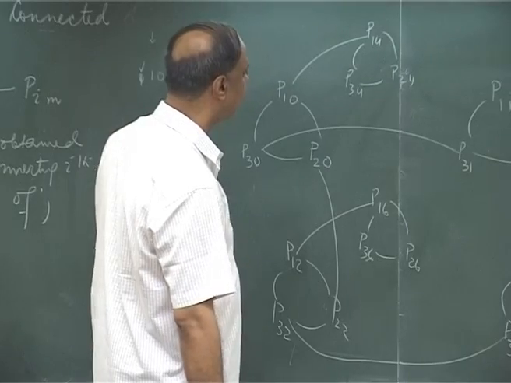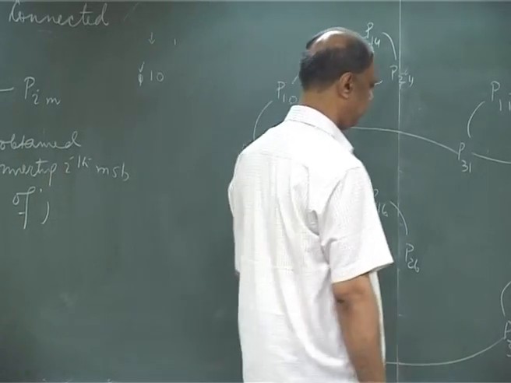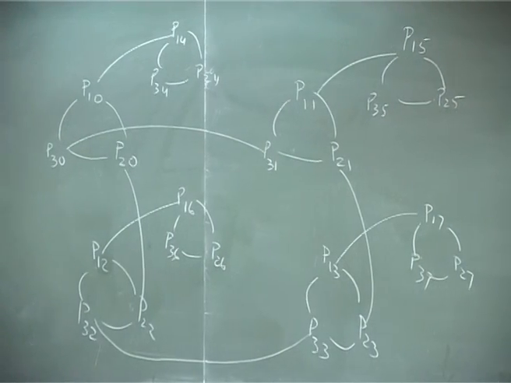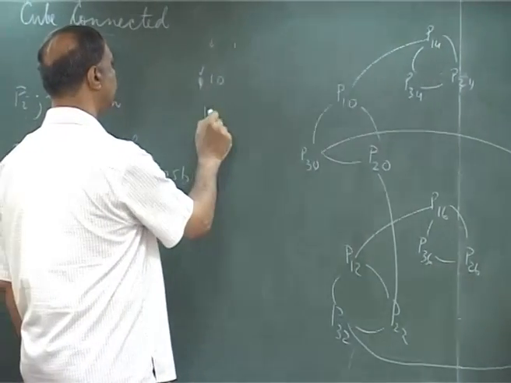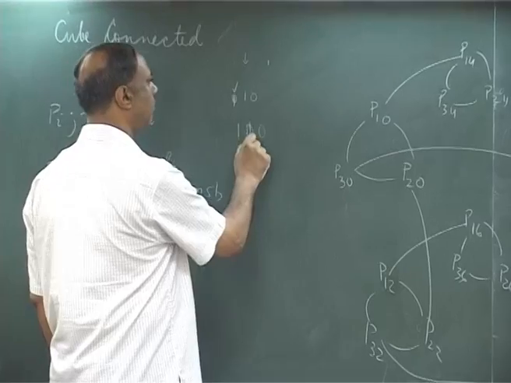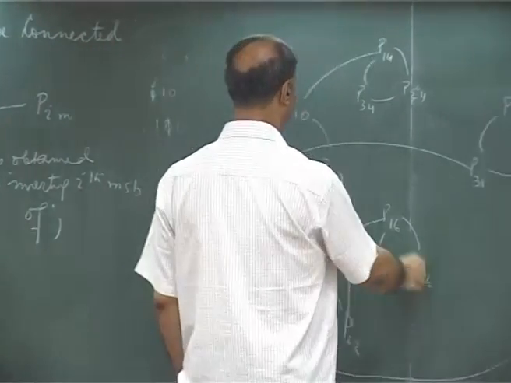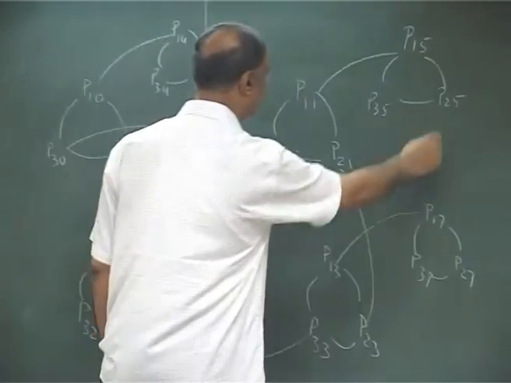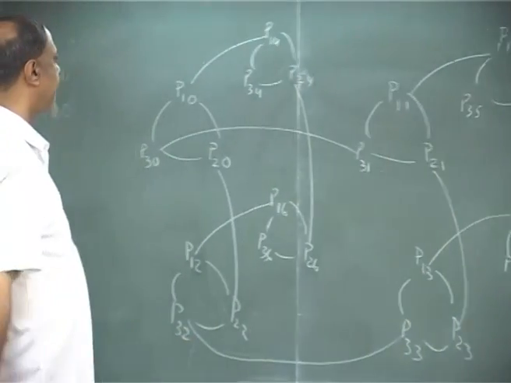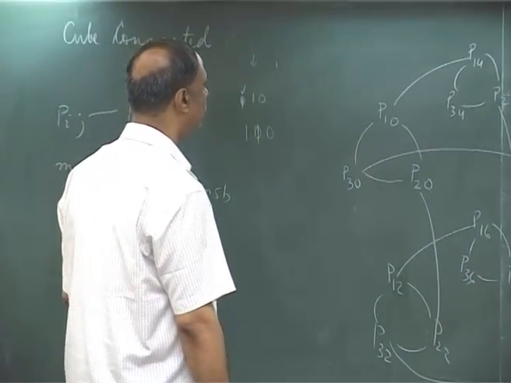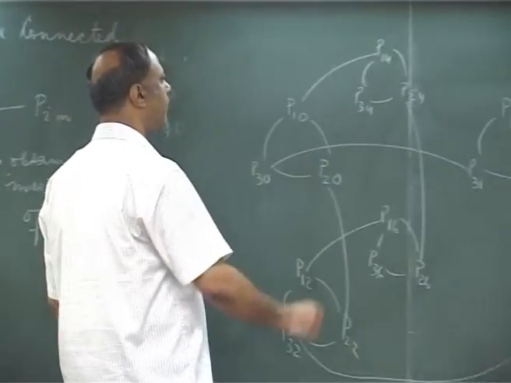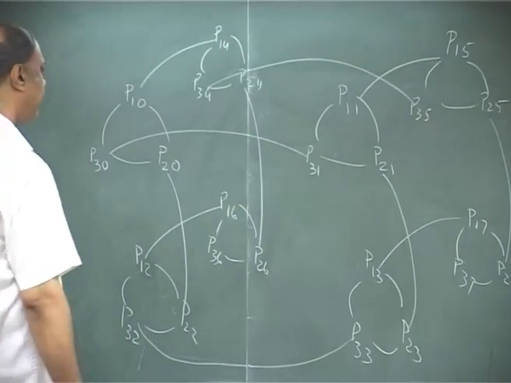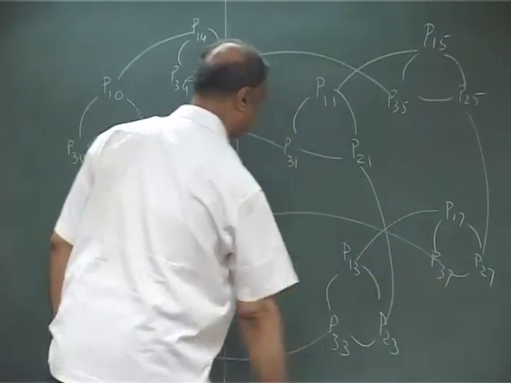Now P13 is connected with P17. Now P24 is P26. Similarly, it will become P25. P34 will be connected with P35. P36 will be connected with P37.